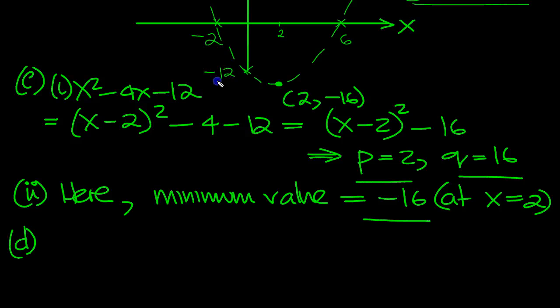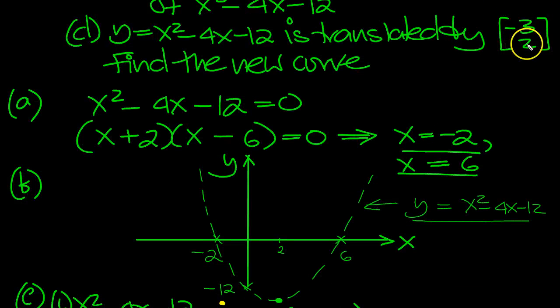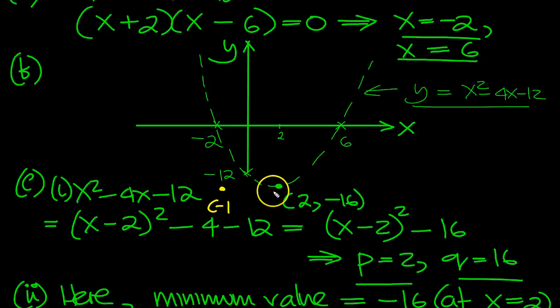Back, so this would go back to here. Back 3 units would be minus 1. But it's moved up by 2, isn't it? Vertically upwards. So it goes from there upwards to, from minus 16 to minus 14. So that's moved up 2 units to minus 14.